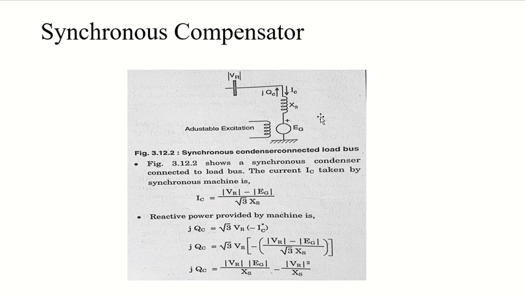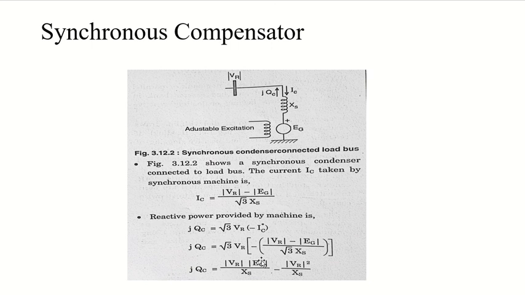Again, the reactive power for this system is given by j QC equals root 3 VR times IC star. We derived the value of IC earlier, so we just substitute it here, and we get j QC equals root 3 VR times the value of IC.